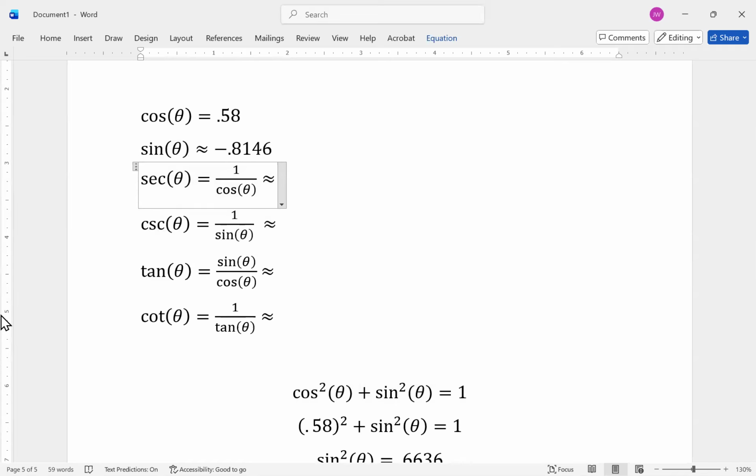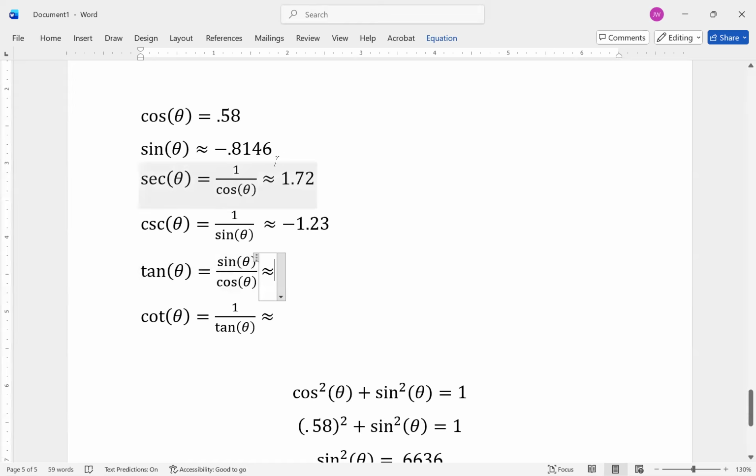Now I can do all of the things that I want to. Secant of theta is 1 over cosine, so 1 over 0.58 is about 1.72. Cosecant of theta is 1 over negative 0.8146. You could use the exact value if you'd like. That's about negative 1.23.